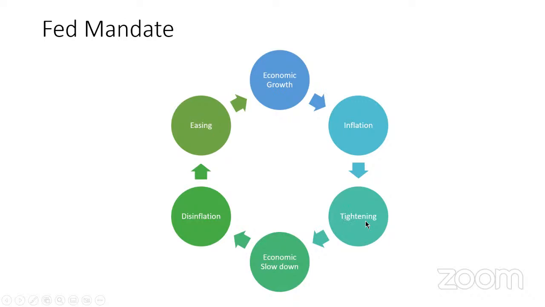This is the opposite of tightening. Easing means lowering interest rates so that more businesses can borrow and expand, and that eventually leads to the economy booming again. So as you can see, there's usually a balancing act between economic growth and inflation.